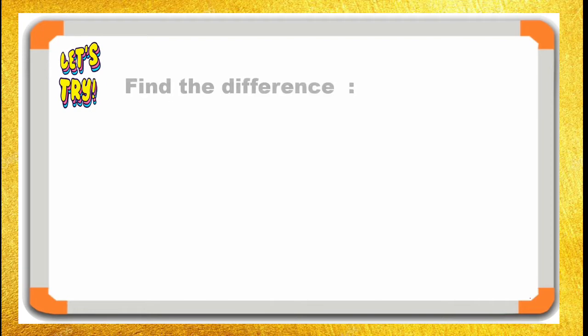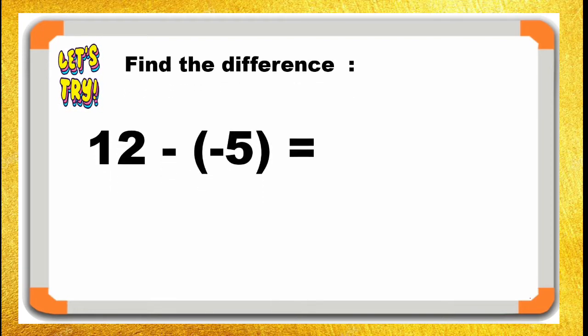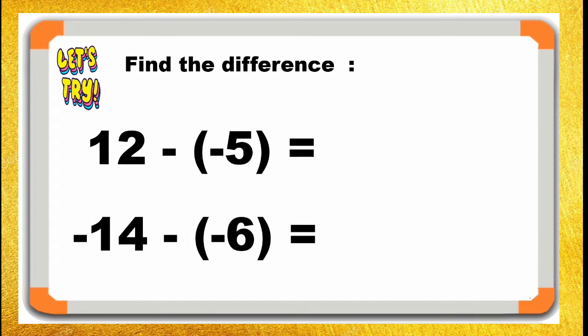Let's try this. Find the difference. 12 minus negative 5 and then negative 14 minus negative 6. I will give you a minute to answer. Go. Stop. So your answer is, we have first to get the opposite of negative 5.